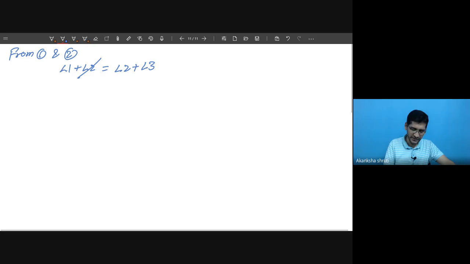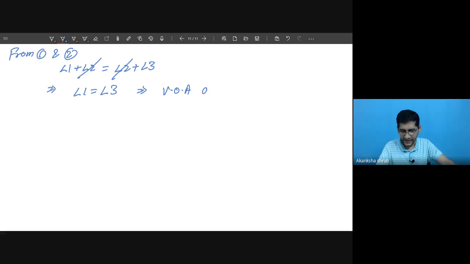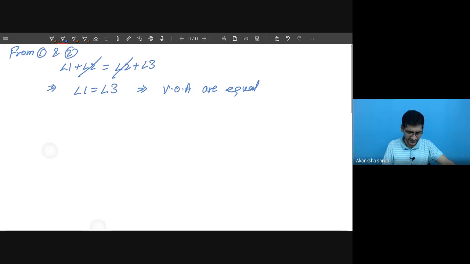Now we are observing these two are the same and they are on the opposite side, so they will get cancelled. So angle 1 is equal to angle 3. So thus vertically opposite angles are equal. After proving one, you can prove the other.